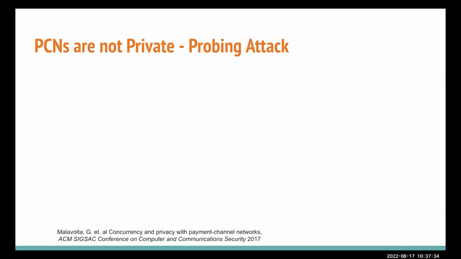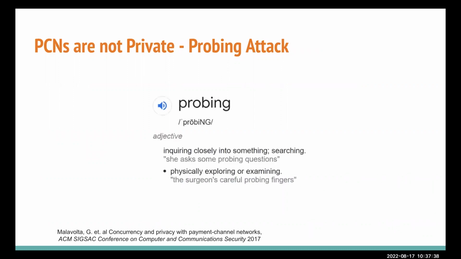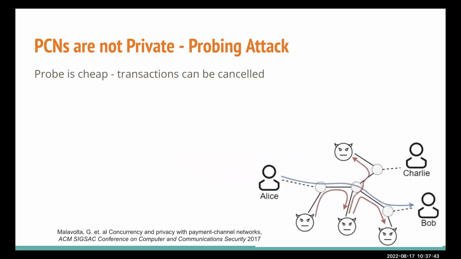A probing attack is an attack that was first presented in a paper in 2017. Probing is inquiring closely into something. And this attack is based on the idea that to probe, to understand something about the network, is very cheap. Or in here, actually free.